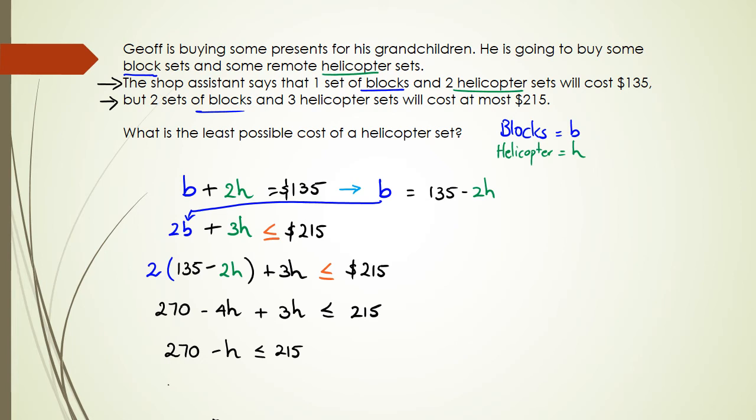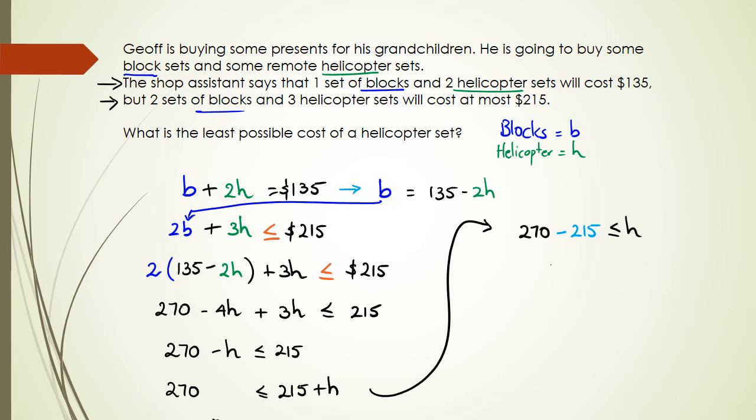Switching your letter and numbers over, we have 270 is less than or equal to 215 plus H, and then moving the 215 to the left hand side it becomes minus 215, and this is less than or equal to H, which means H has to be greater than or equal to $55.